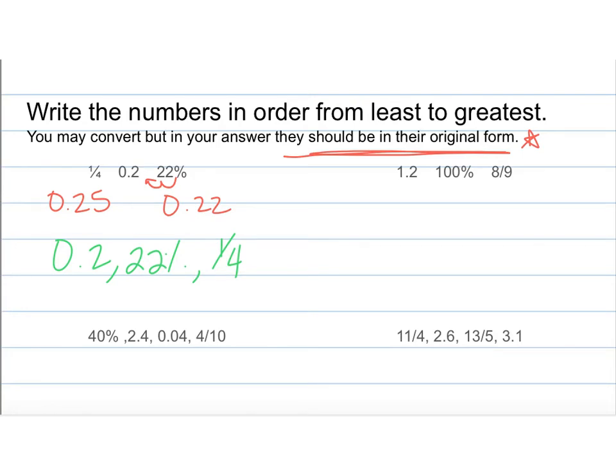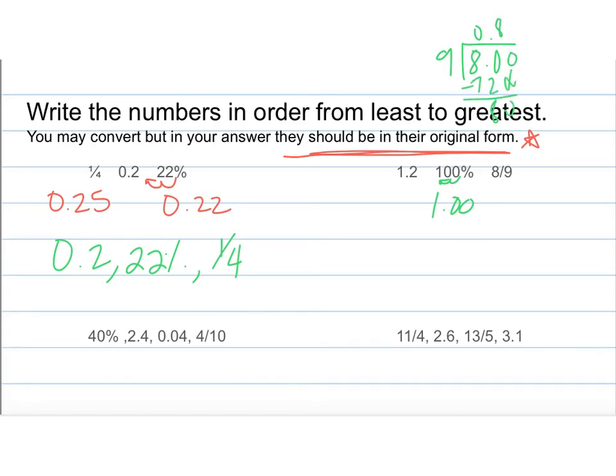Okay, 1 and 2/10, 100%, 8/9. Let's turn these into decimals. Move this 2 to the left, which would just be 1. 8/9, I'm going to need to do some dividing here. 9 goes into 80 8 times, which would be 72.